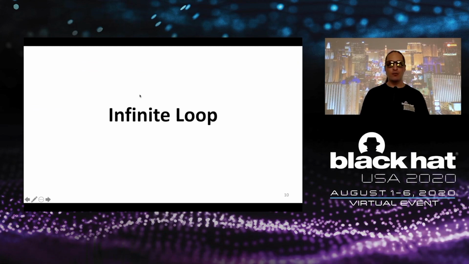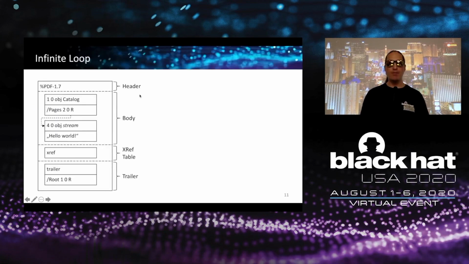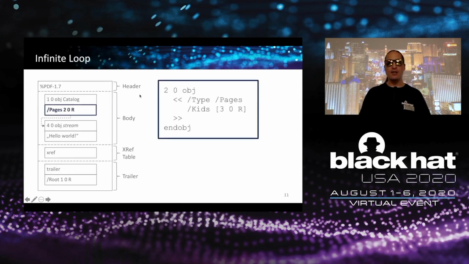So for this, let's first have a look at how the pages object of a PDF document is defined. A document can have one or multiple pages or no page at all. And this is usually done using the pages special object within the document catalog. And the pages object has a kids entry containing a reference to each page in the document.